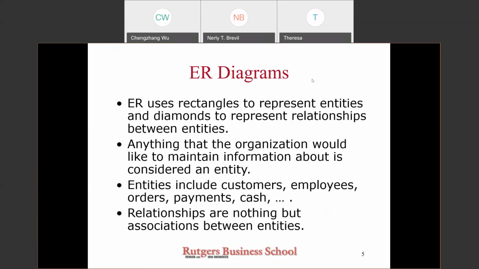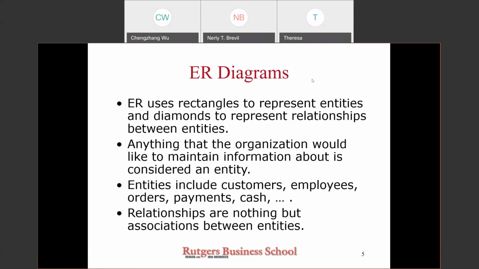So let's get to know some fundamentals of entity relationship diagram, ER diagram. The most basic form of ER approach uses rectangles to represent entities and diamonds to represent relationships between entities. Anything that the organization would like to maintain information about is considered an entity.